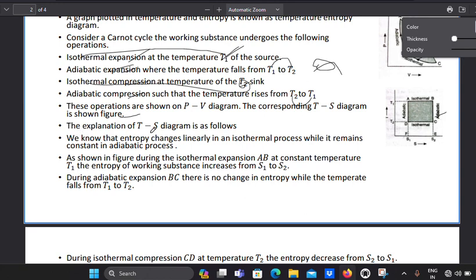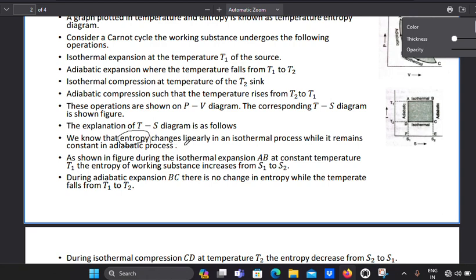The explanation of the TS diagram is as follows. We know that entropy changes linearly in an isothermal process, while it remains constant in an adiabatic process. Here he is explaining only about the entropy.